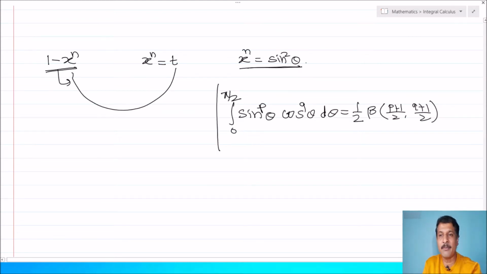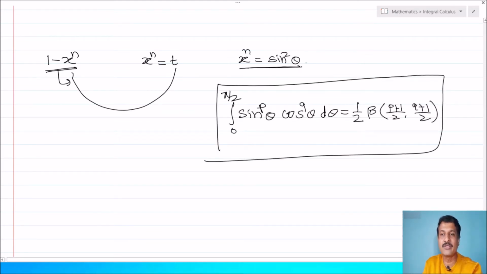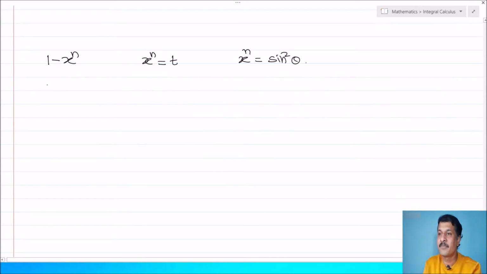So by this property you can solve, when I am using or converting into sine or cos. If here it is 1 minus x raised to n, meaning any power of x, I will substitute x raised to n equal to t, or a x raised to n equal to sine square theta.